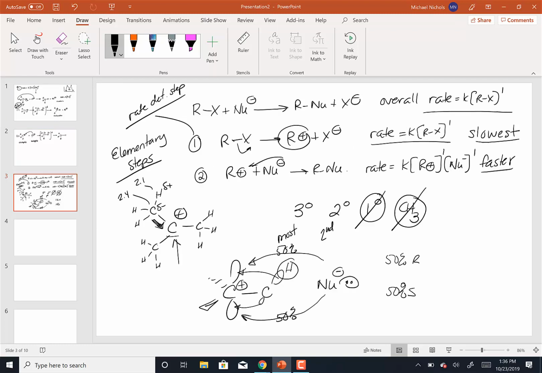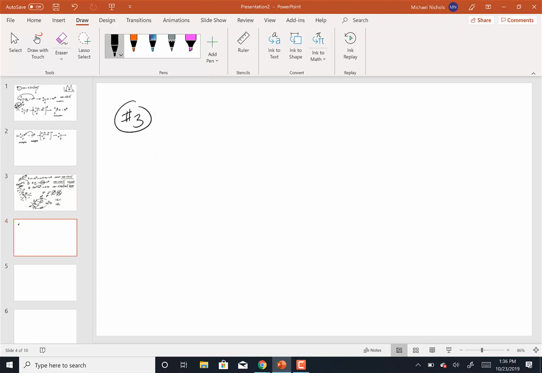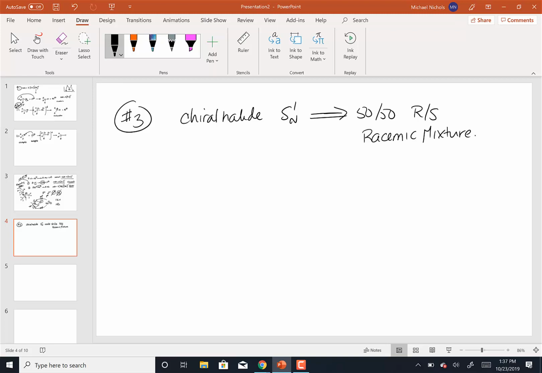The third characteristic then is what happened with a chiral alkyl halide. So in this case, the 3rd characteristic is that when you take a chiral halide in an SN1 reaction, your product is a 50-50 mixture of R and S. And so you do not get a chiral product because it's a 50-50 mixture. You end up forming a racemic mixture. Okay. So that's number 3.